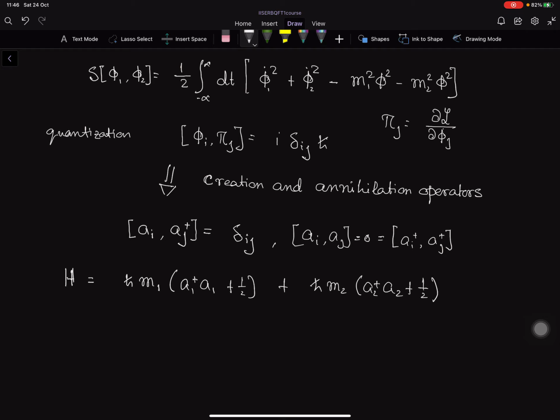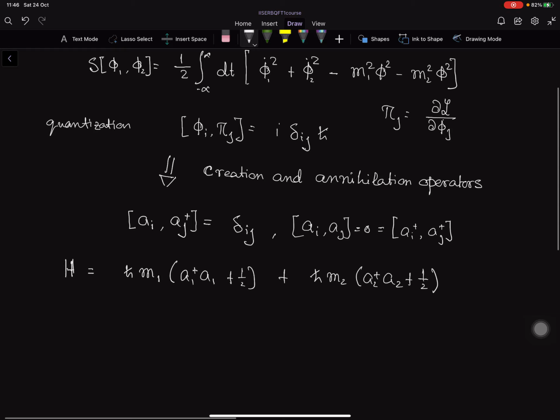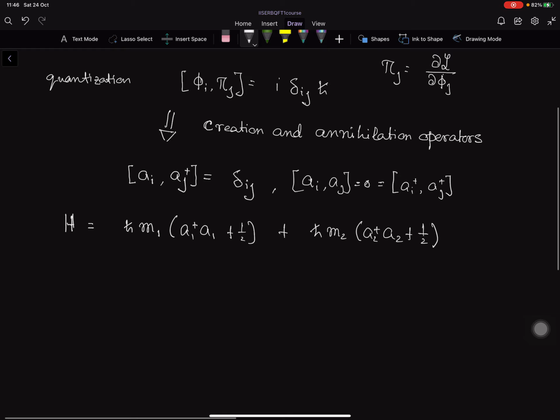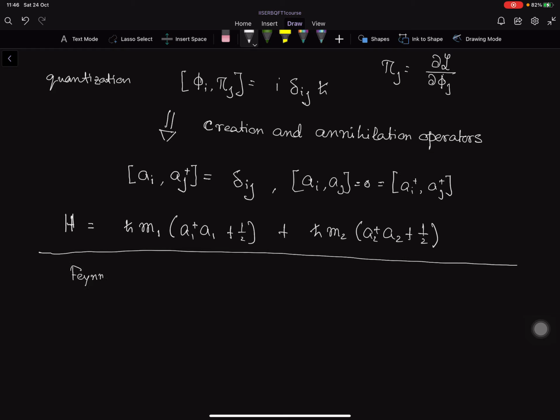So this is the spectrum. In the same way we can define Feynman propagators and other propagators. Let's just restrict to Feynman propagators. Other things follow in the same way.